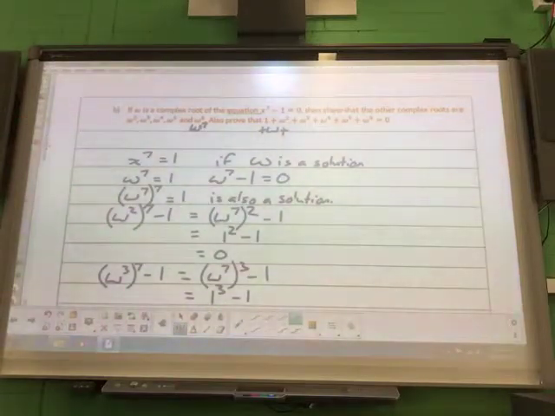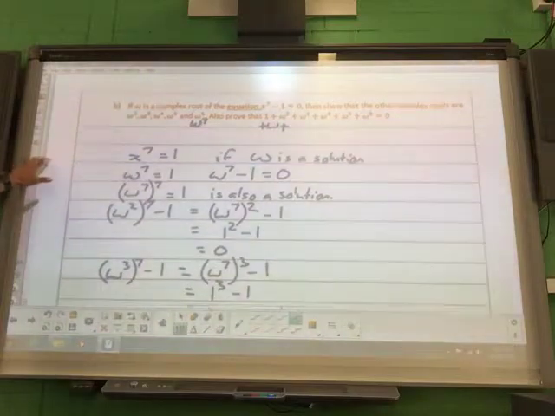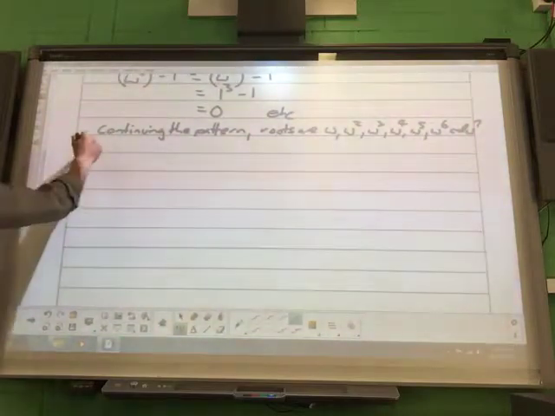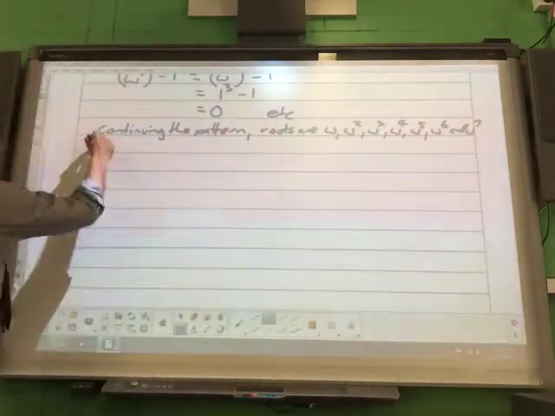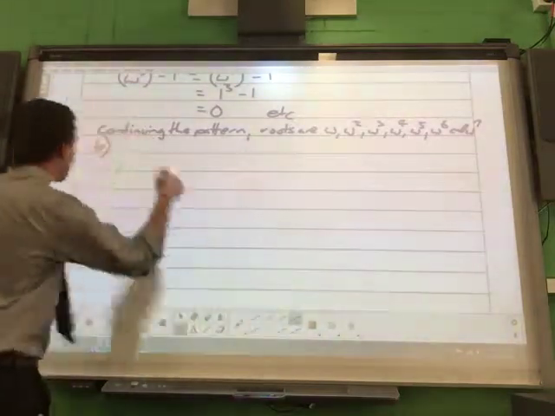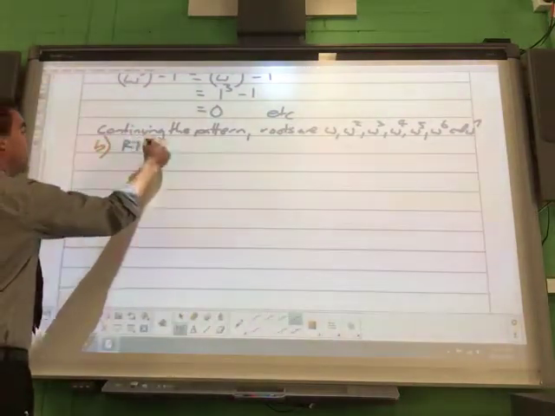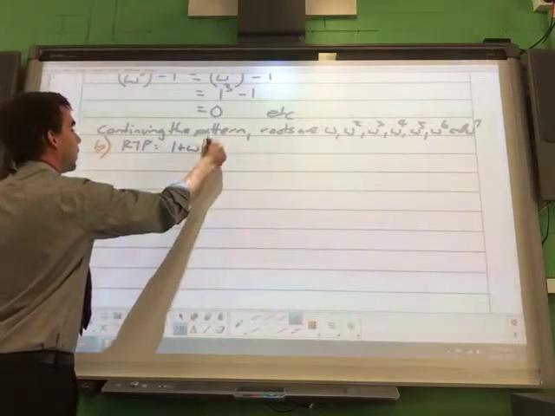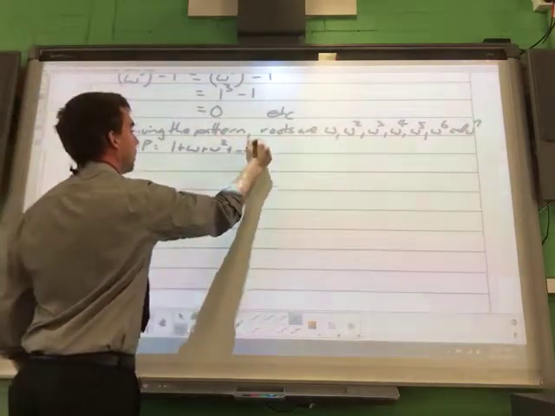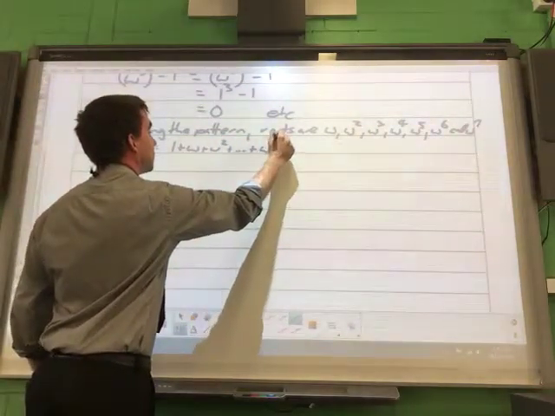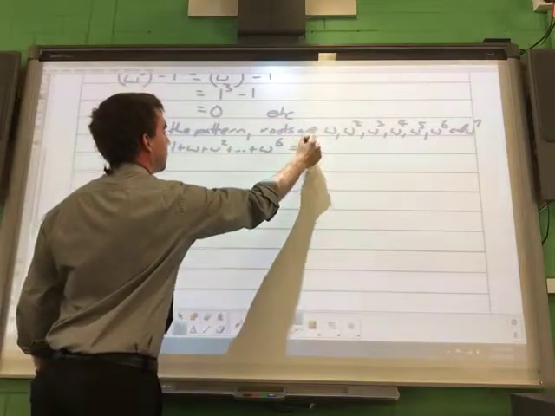Now we need to prove that 1 plus omega squared up to omega to the power of 6 is equal to 0. We're required to prove 1 plus omega plus omega squared plus up to omega to the power of 6 is equal to 0.